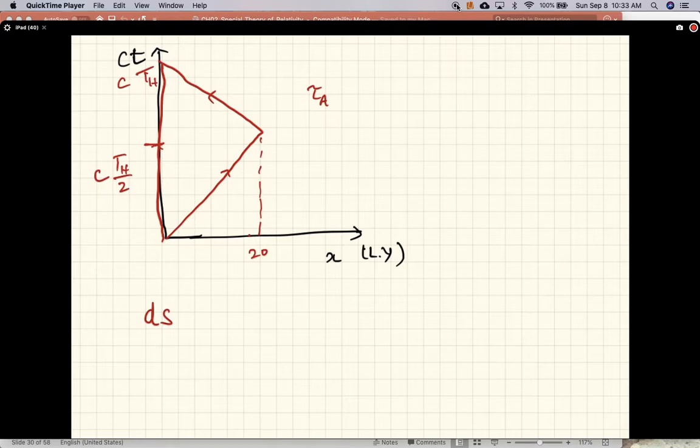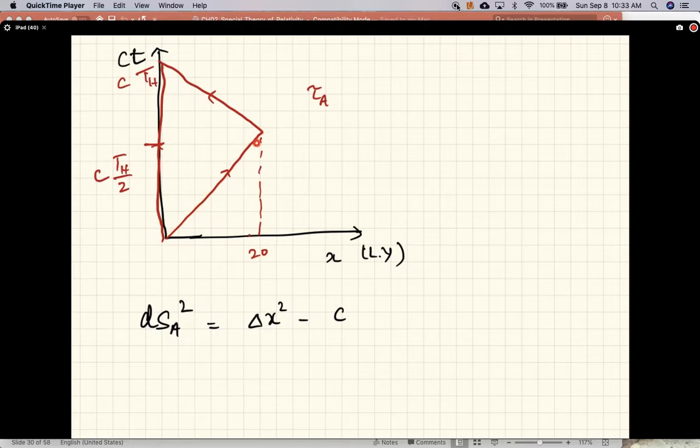The interval ds_A squared is delta x squared minus c squared times the time squared.